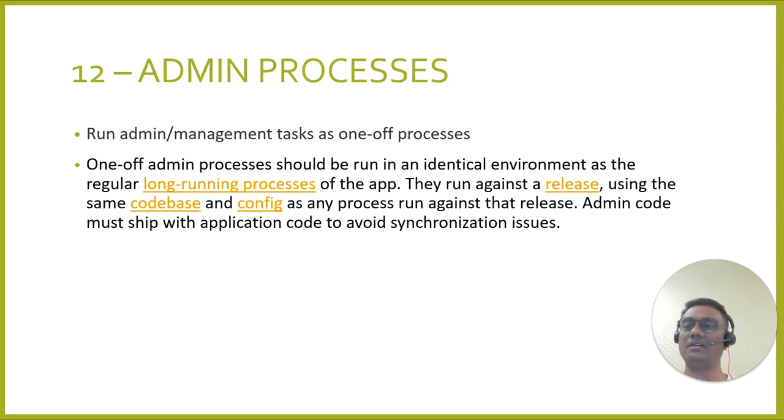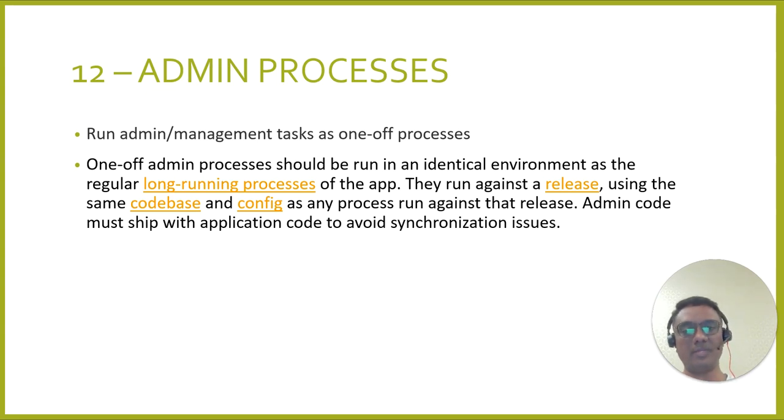The final factor of the 12-factor app is the admin process. In any application there could be a lot of admin processes. It could be a database upgrade, or Kafka certificates that have expired and need to be updated, or increasing versions, or migrating from RHEL 7 to RHEL 8.